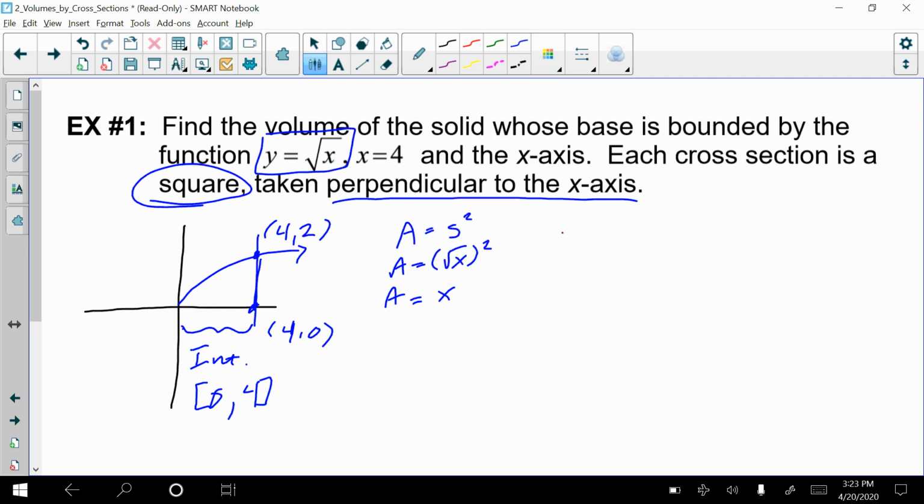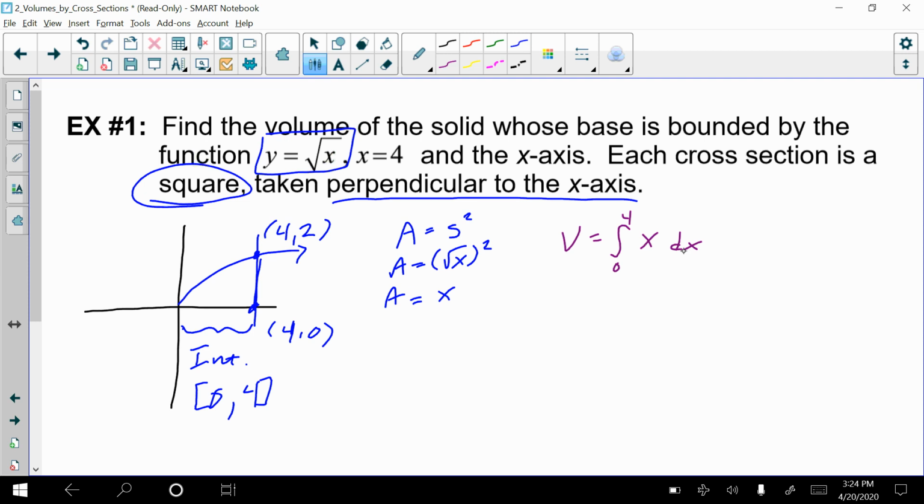So now I'm going to say volume is equal to the definite integral from 0 to 4 of x dx. The integrand is already about as simplified as it can get.